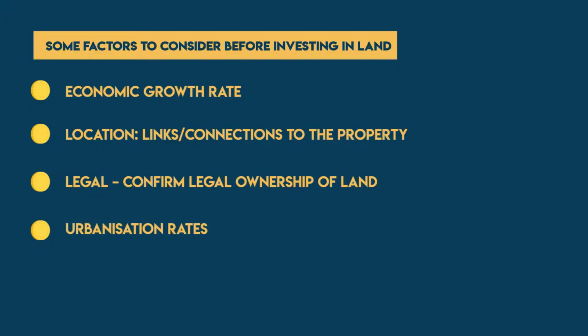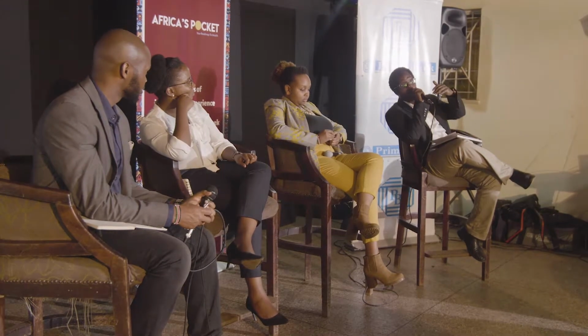And then the other factor is urbanization. This is also tied to the actual location where you're going to be purchasing the land. A good example is Nairobi. Nairobi has been having one of the highest urbanization rates in the region. So what's urbanization? Urbanization is the movement of people from rural areas into the major cities.